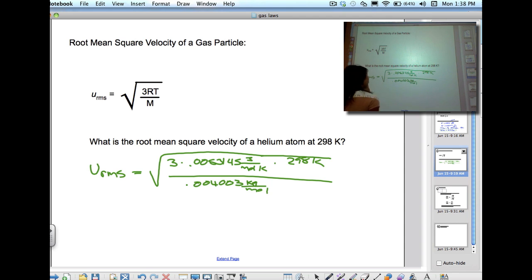That's just the molar mass of helium from the periodic table in grams per mole divided by 1,000 grams per kilogram.